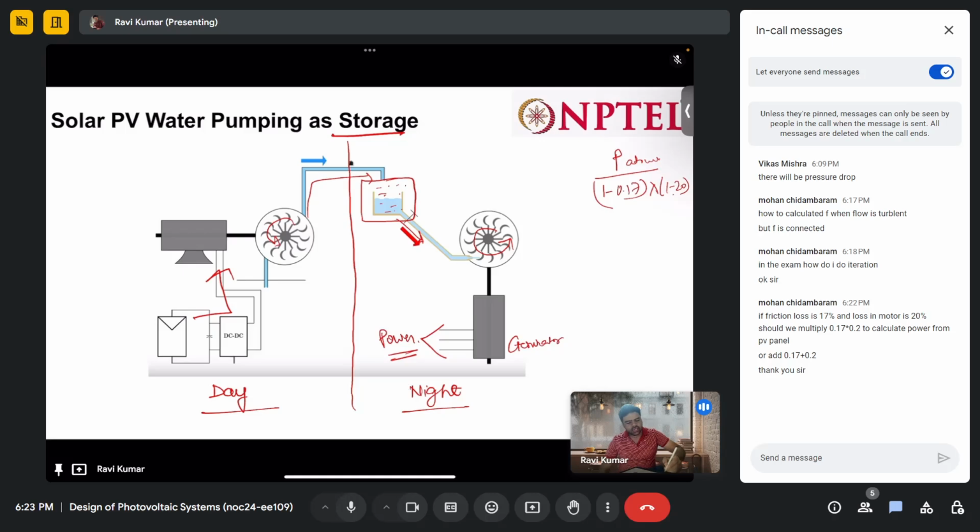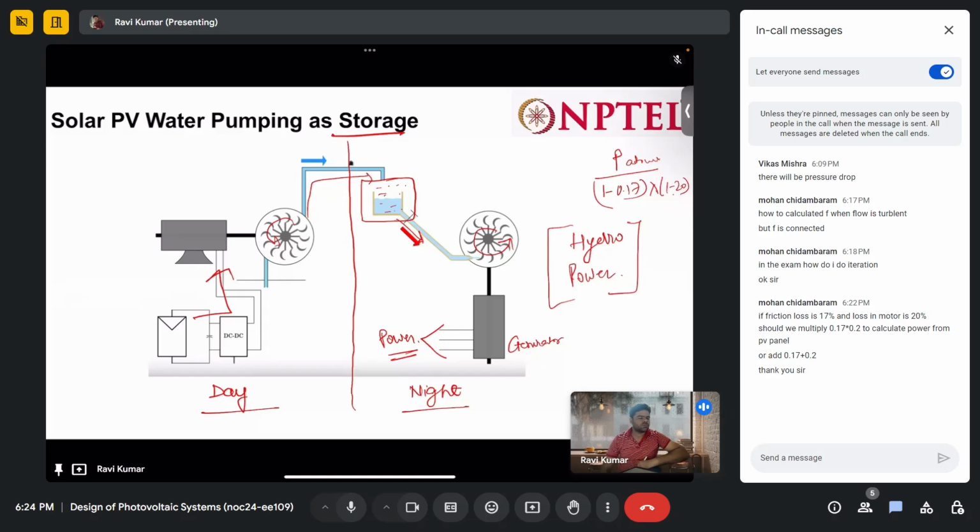So it is the same as a hydro power system, but at mini scale, so it is known as micro hydro or pico hydro systems. So this is also an important application of the solar PV water pumping system as a storage.